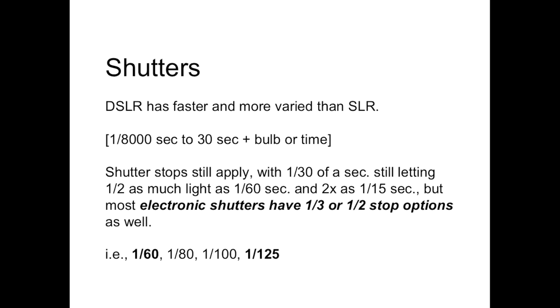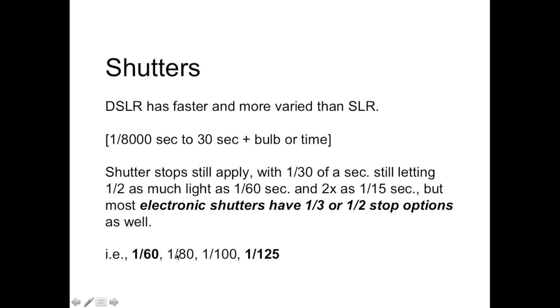But just like the camera f-stops having 1/2 or 1/3 stops in between your different aperture openings, the shutter works the same way with most electronic digital cameras. You have full stops, so the ones I just showed you are full stops, 1/60th or 1/125th. 1/60th is twice the amount of light as 1/125.